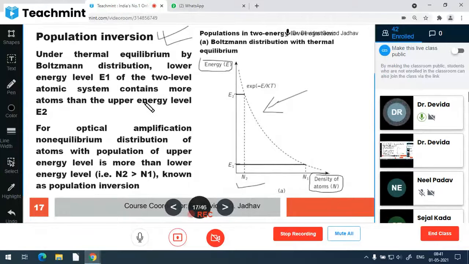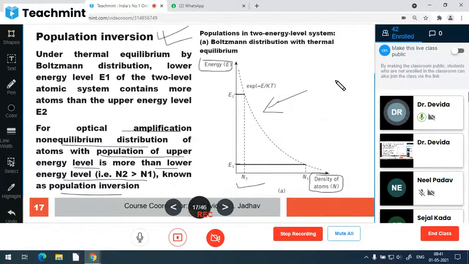But for optical amplification, a non-equilibrium distribution is required, with the population of atoms higher in the upper energy state than in the lower energy state. N2 must be higher than N1. This is known as population inversion. Here N1 is greater than N2, so this is not population inversion, and this is the thermal equilibrium condition.